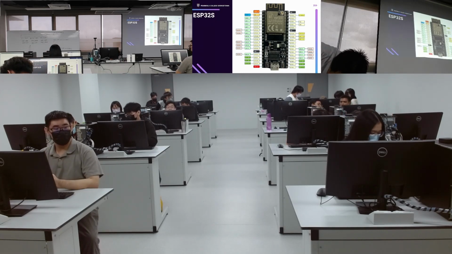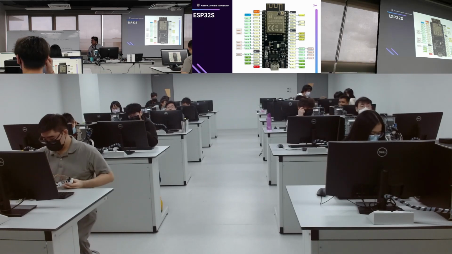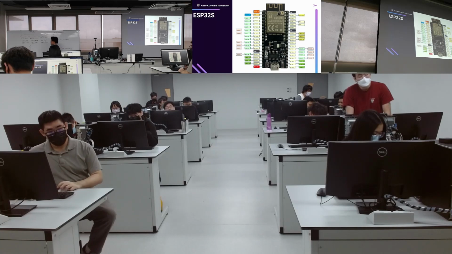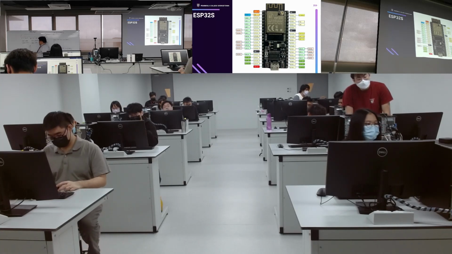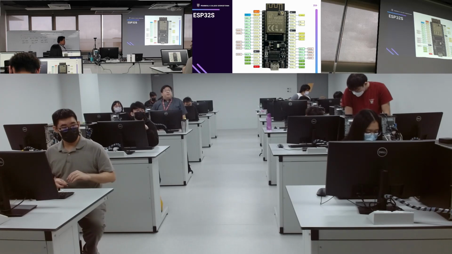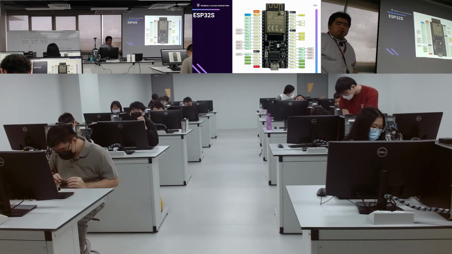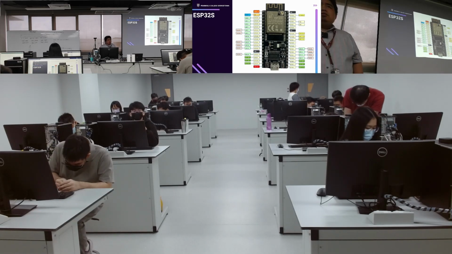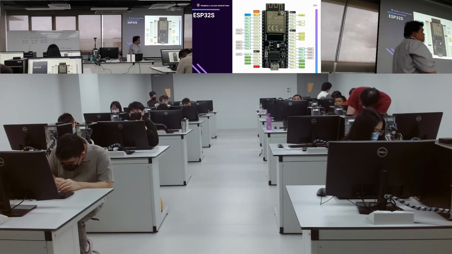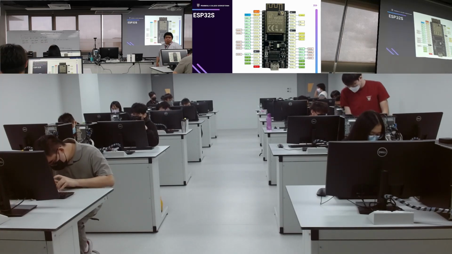Then we have our ground and VCC. Voltage connects to the power source, then ground connects to ground, and A0 connects to 36 or 39.